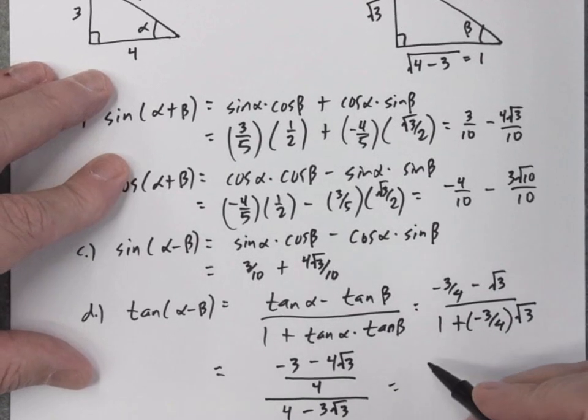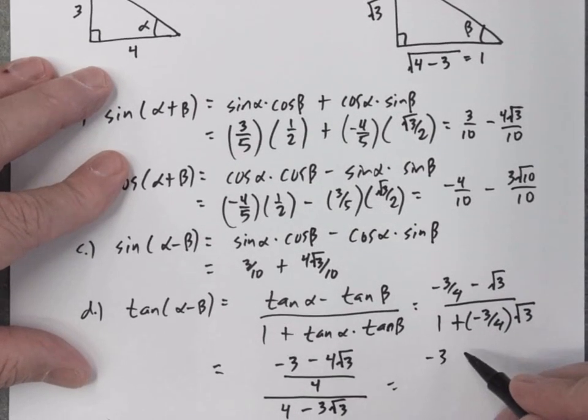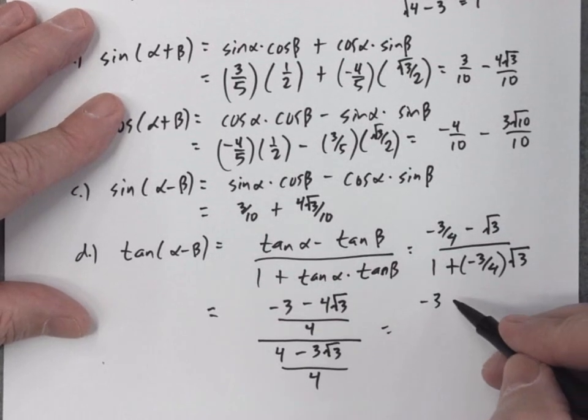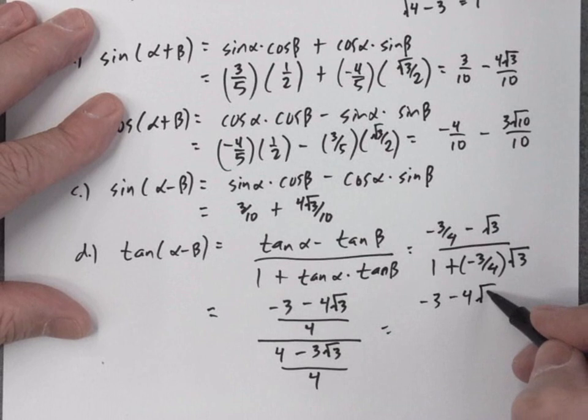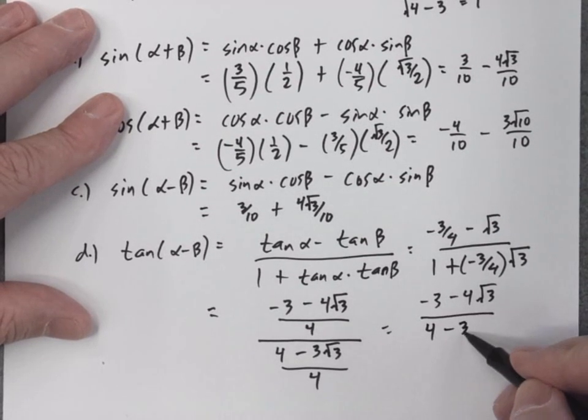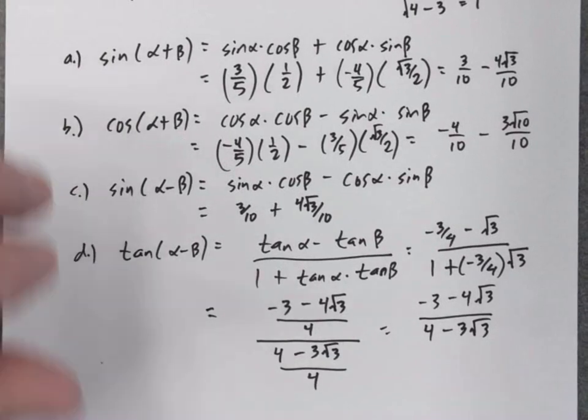Now the 4's cancel, so I'm left with minus 3 minus 4 square root of 3 over 4 minus 3 square root of 3.